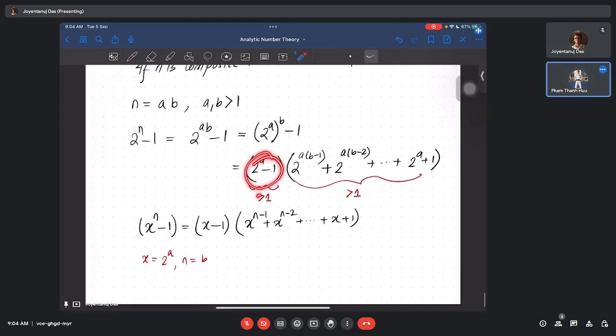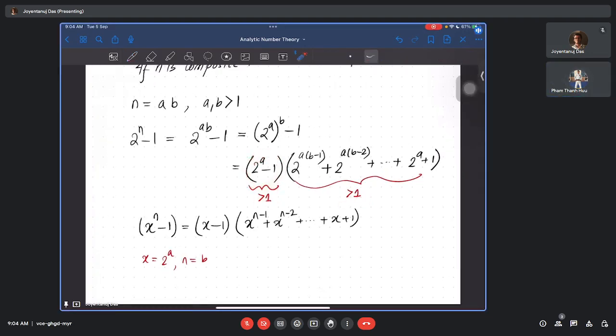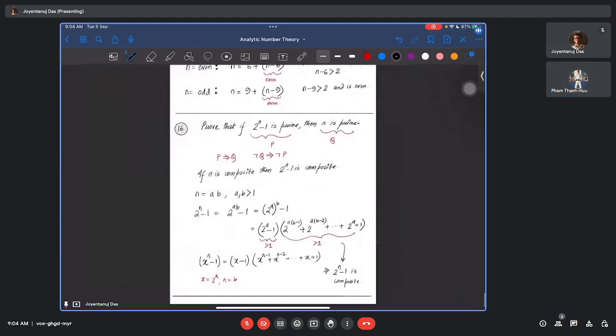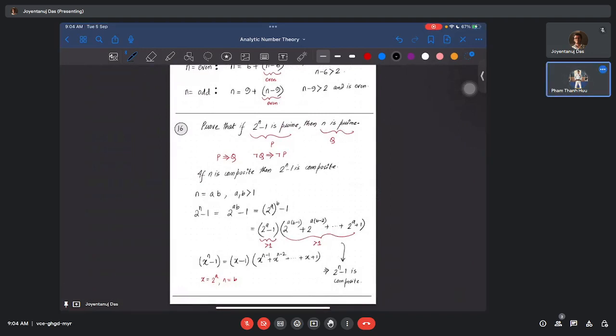So all of them are strictly greater than 1, so this is composite, right? So this implies 2 power n minus 1 is composite. So this is what we wanted to show, right?